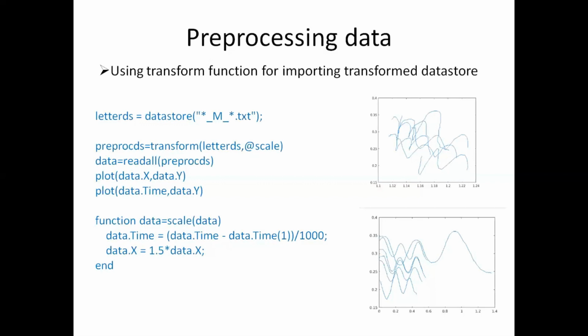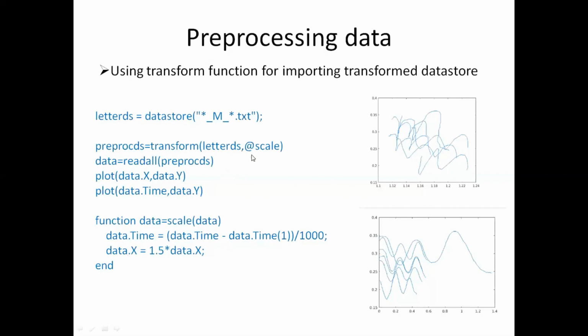Transform is an inbuilt MATLAB function, while scale is a user defined function that we have written. Since we are calling a function inside a function, we need to write it as @scale. This will call the scale function, which is also provided here.